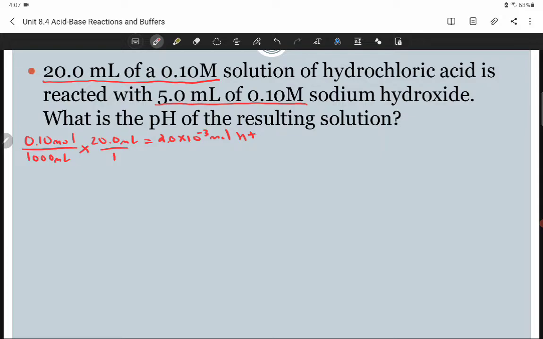Okay, so the hydrochloric acid, or H positive, is 2 times 10 to the negative third, and then the same work, we'll just put a little division here, the same work for the hydroxide, different answer though.